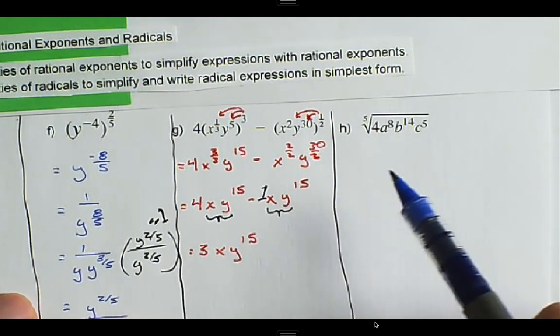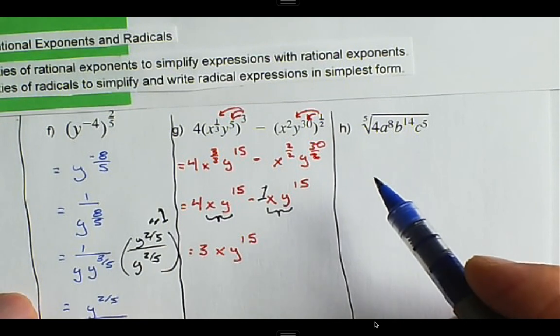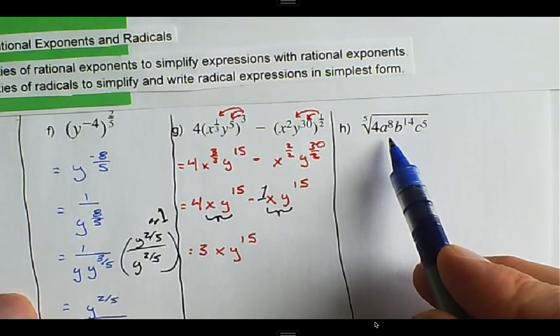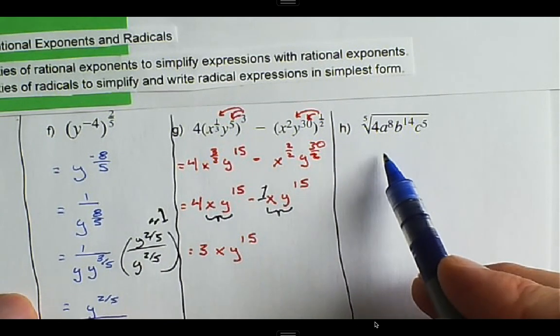In order to take things out of the radical, we have to get 5 of those things. If we get 5 in a set, then we can take it out of the radical.